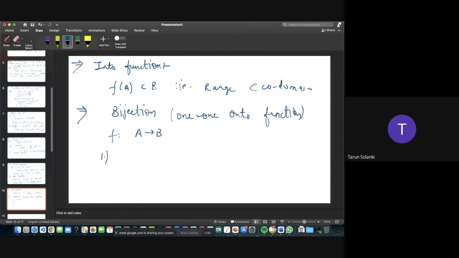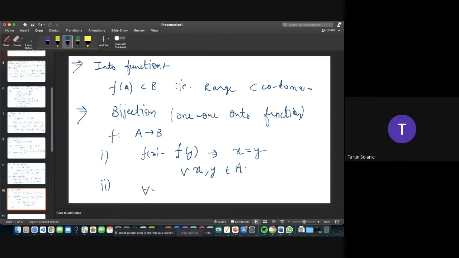So we can say, for one-one, f of x is equal to f of y implies x is equal to y, where x and y belong to A. Second, it is onto, right?